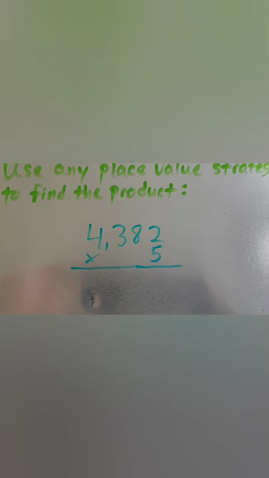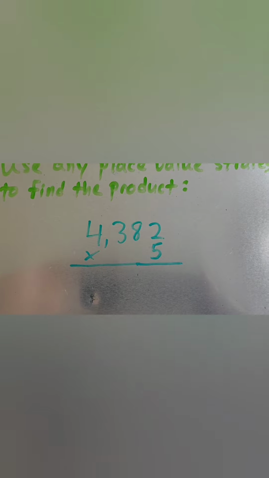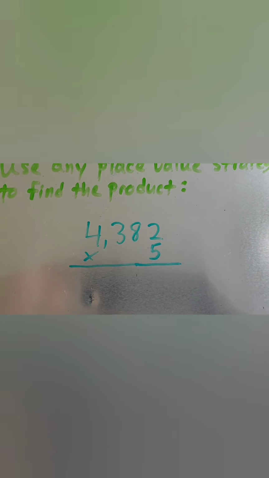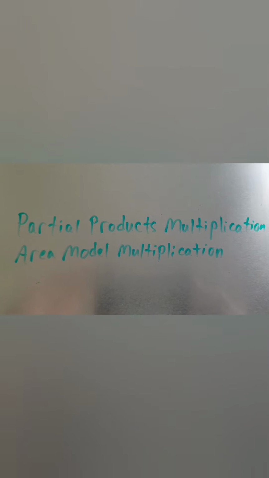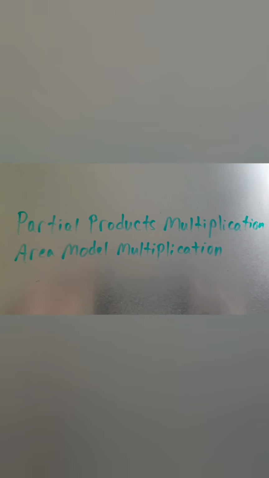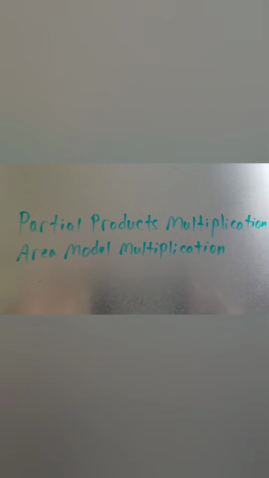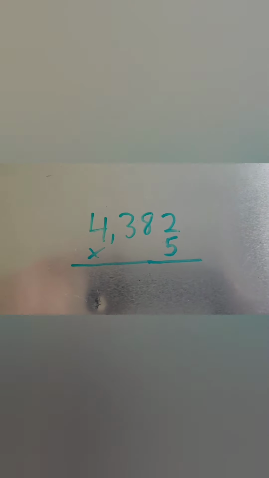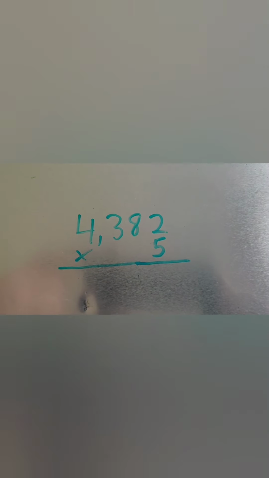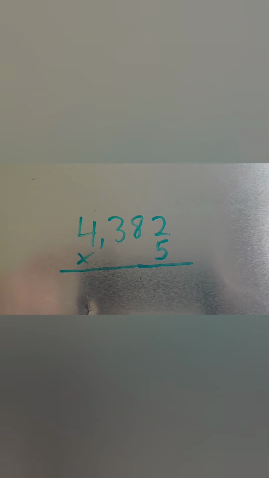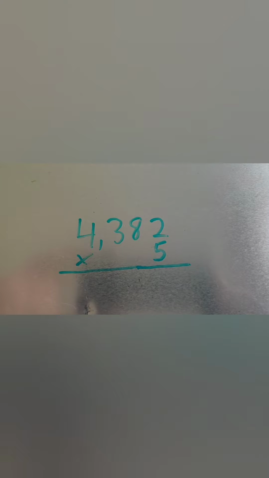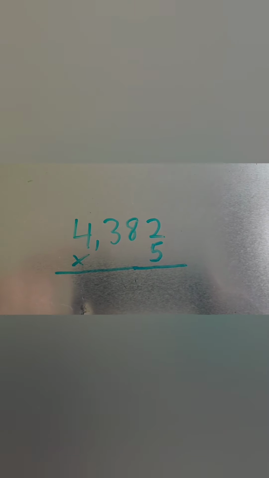You're going to be multiplying 4,382 times 5, and just as a reminder, place value strategy means partial products multiplication or area model multiplication. So you're going to use either partial products multiplication or area model multiplication to find the product of 4,382 times 5.